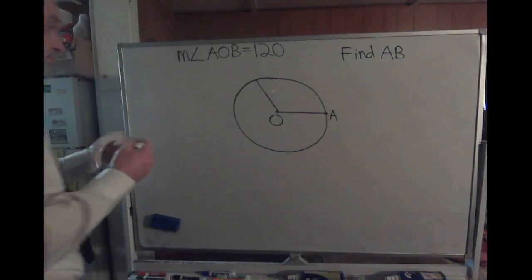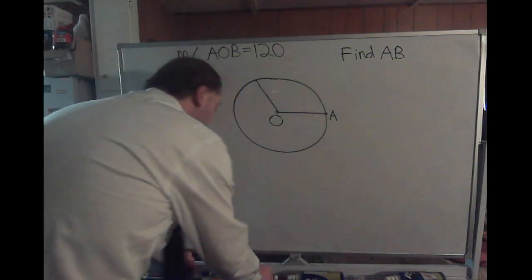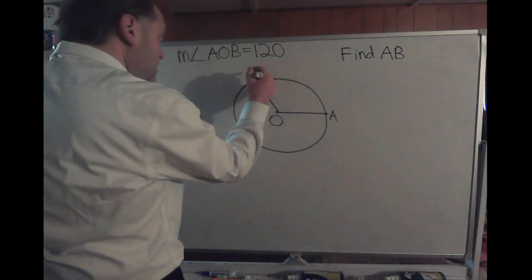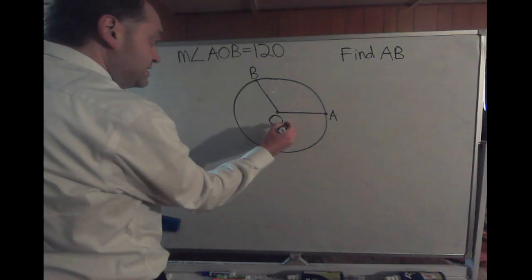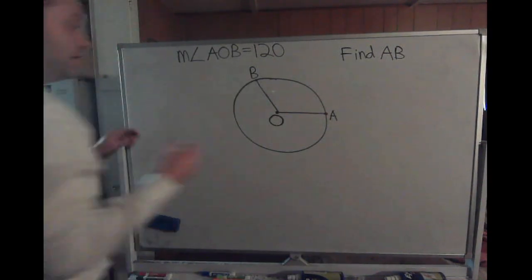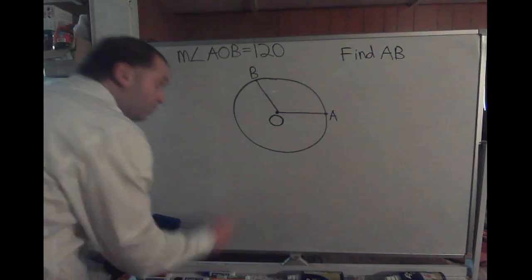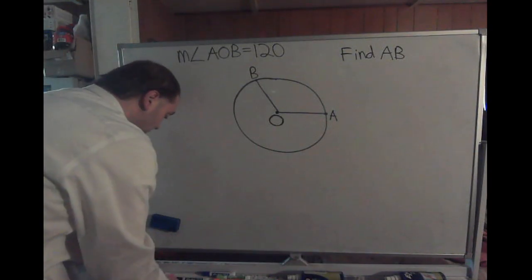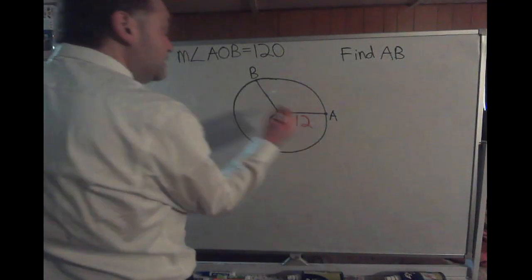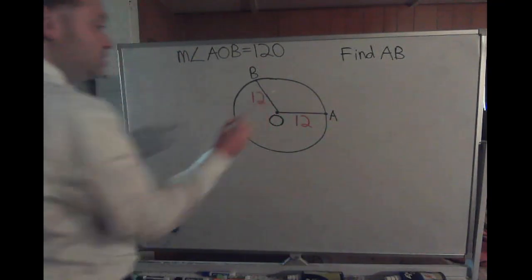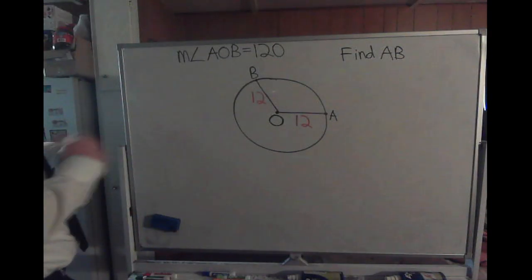There we go. Now we have radius OB. These have all been done in such a way that they form a 120 degree angle. Angle AOB forms a 120 degree angle. The length of each radius, again, OA and OB, is going to be 12. What we need to find is the length of AB.